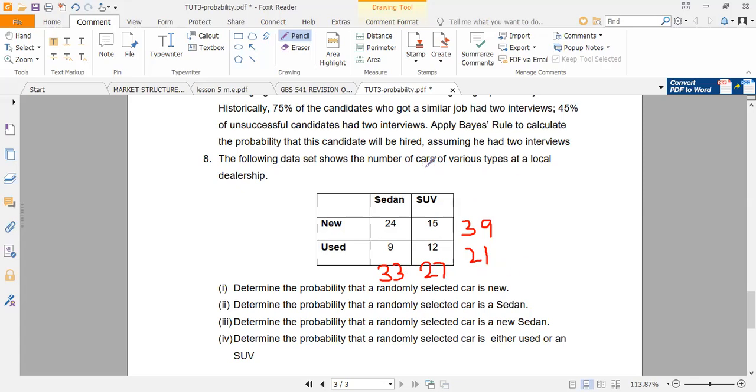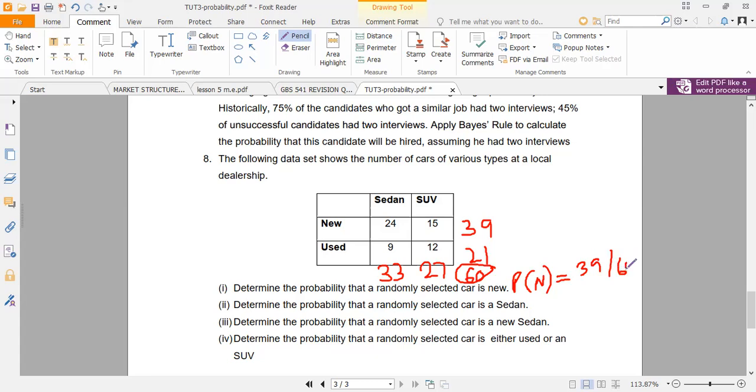So we're being asked, what is the probability the car was new? The probability of being new is the total of new, 9, over 60.